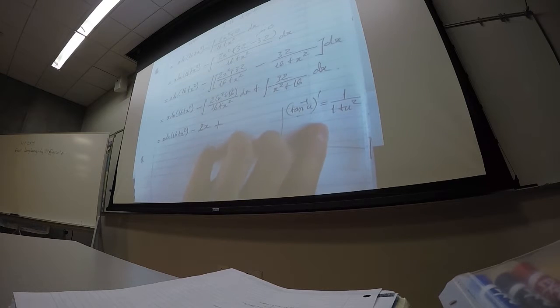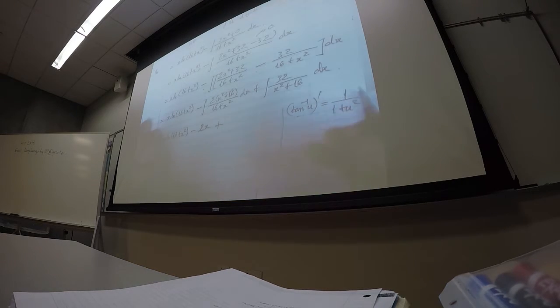So that looks somewhat like that, but not quite, because this is 16 and this is 1. It's not quite the same, but we can make it the same by doing this.